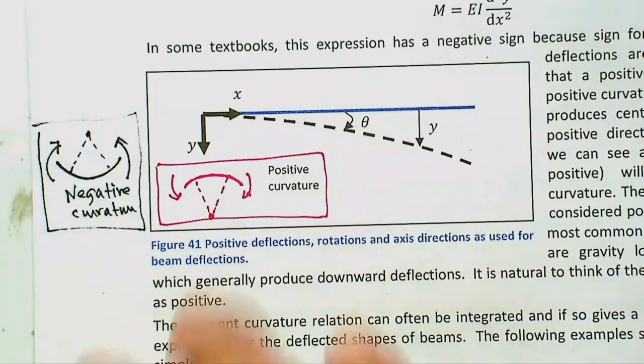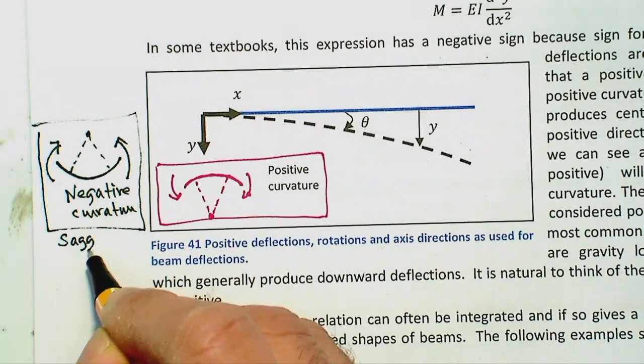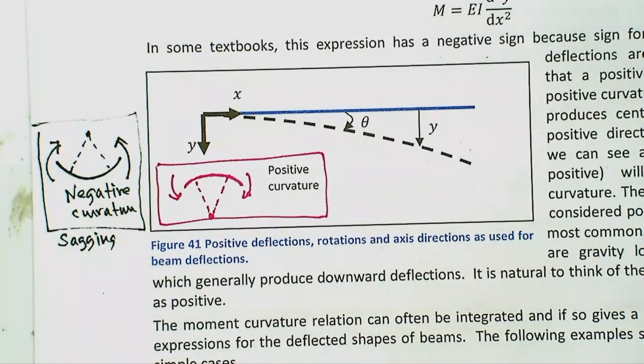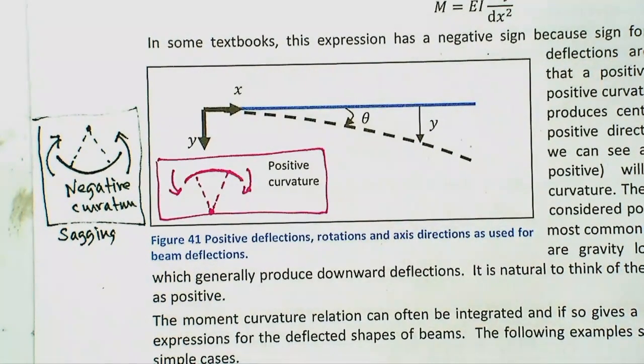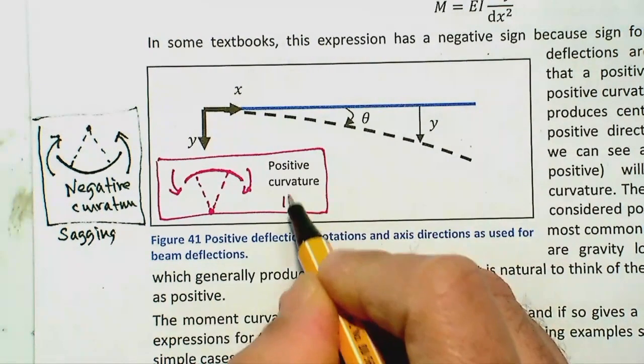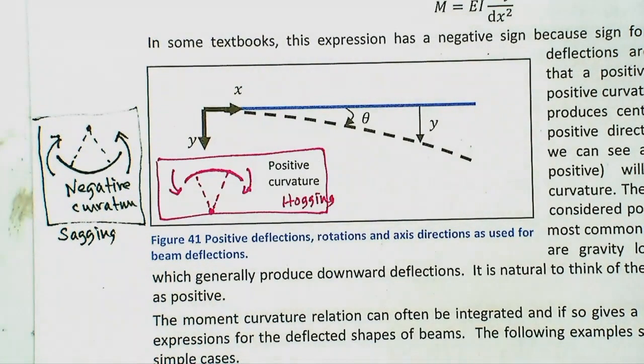This is also called a sagging bending moment, and the other one is called hogging; people use the terms sagging and hogging. So this is hogging. I don't know the origin of the term, but it's going upwards.